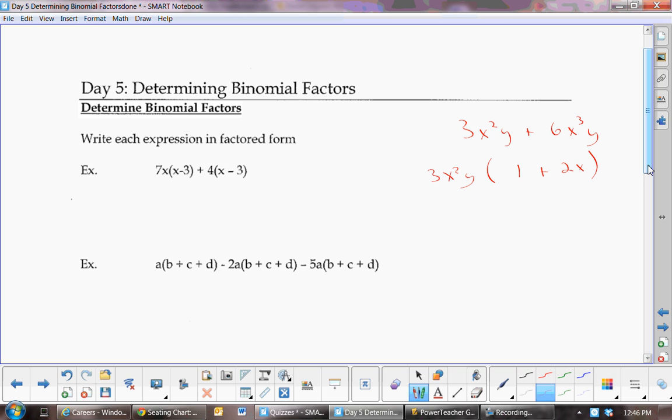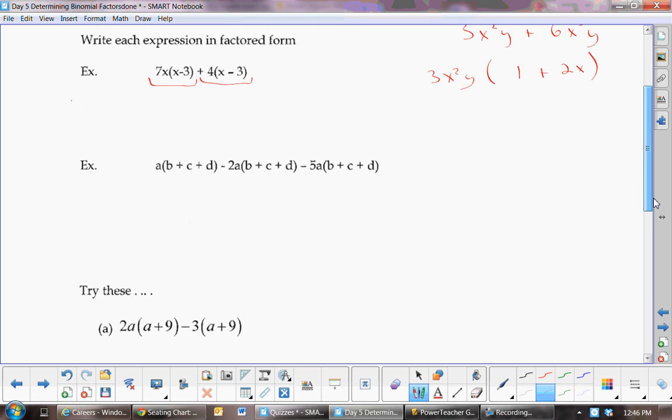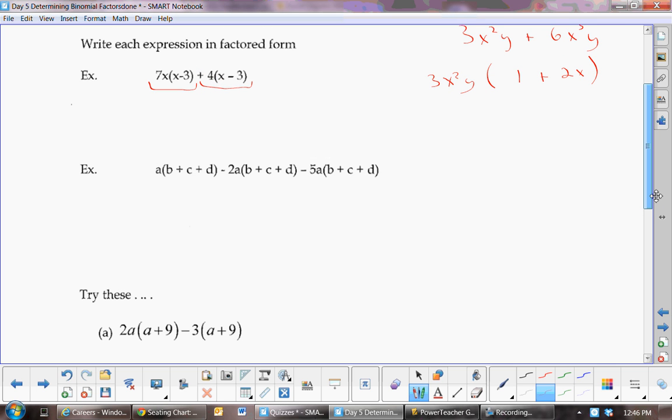Now, do you see how in both terms 3x squared y was common? Here is like two terms. Now what is common? What do both of them have?